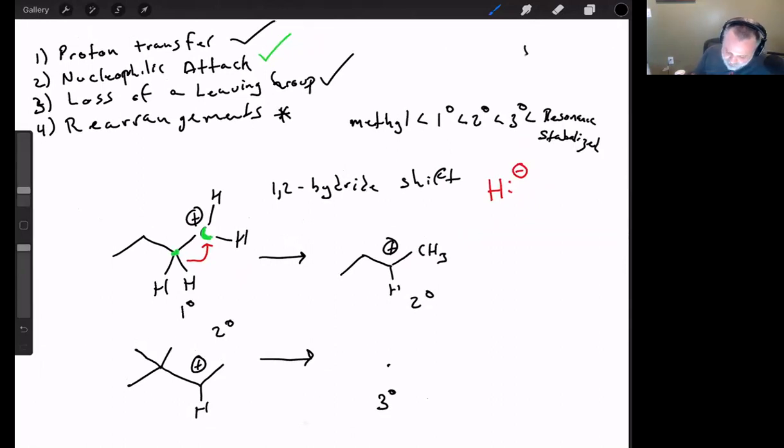There's a different type of shift. This one is called a 1,2 alkyl shift. And an alkyl group is a group that has a carbon on it. And so if you look at the adjacent carbon, the carbon to the left, there isn't a hydrogen to do a hydride shift. All of these things are CH3 groups.